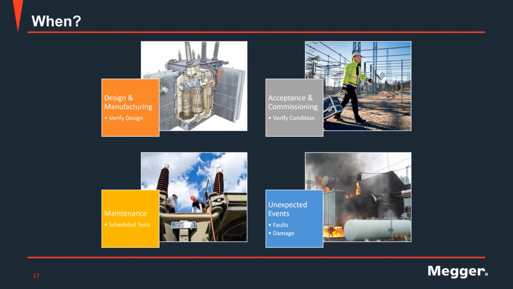Then we go to acceptance and commissioning at the lab, and then when the transformer reaches the final destination where it will be commissioned, TTR will be essential to perform. Then when we go to maintenance, again, TTR is part of the essential measurements you need to perform.